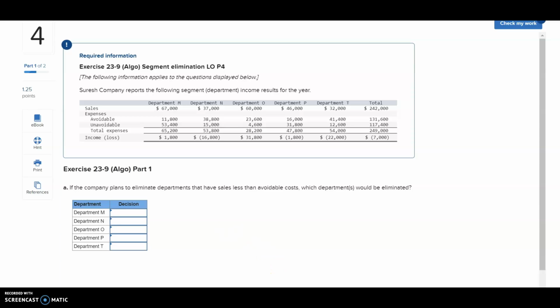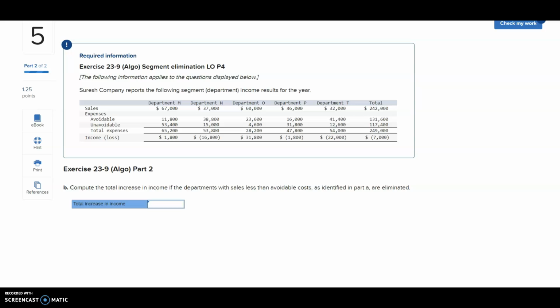And then related is the next one, problem 5. So after you look at which ones you're going to eliminate, how is income going to change when you eliminate those departments? Okay, so we can see what our loss is with those unprofitable segments.